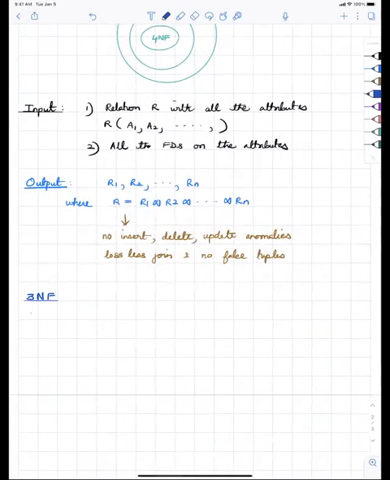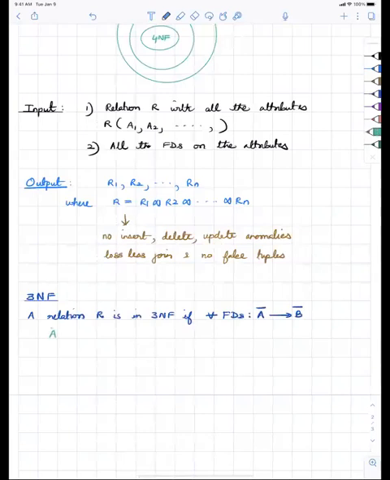So a relation R is in third normal form if for all functional dependencies. Okay, so I'm going to write in a short form. So for all functional dependencies, A going to B, and I'm going to write this line on top because it's a real pain to keep writing.